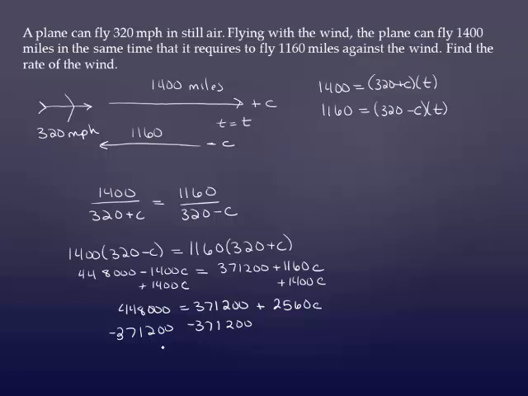And I will get 76,800 is equal to 2,560c. Divide both sides by 2,560. And I'm going to get that the wind speed is 30 miles per hour.